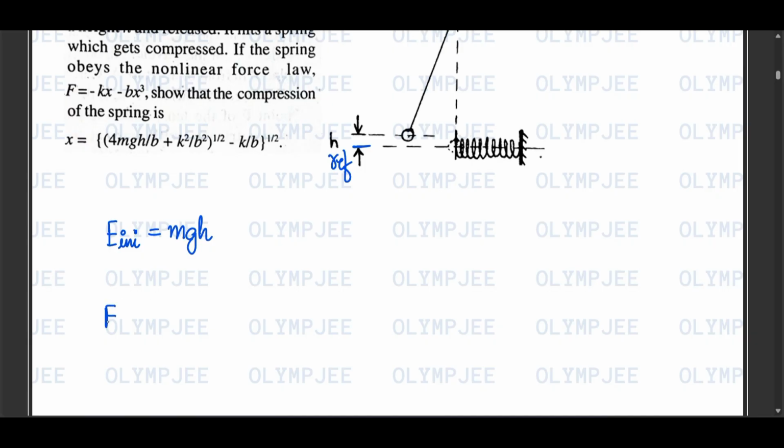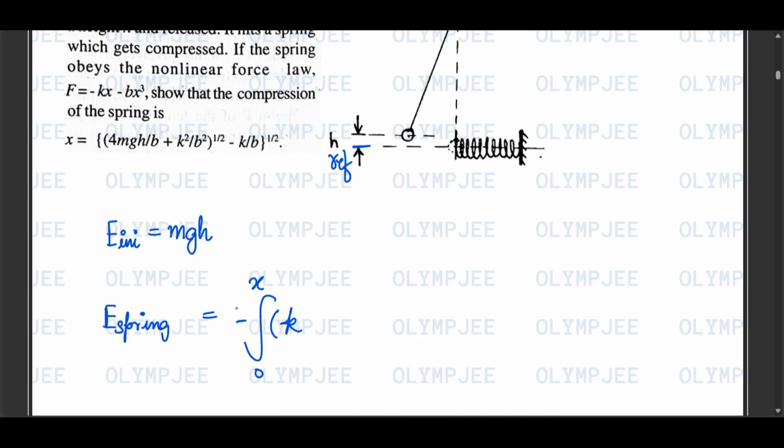So the energy stored by the spring can be given as, if we integrate this multiplied by dx, so force multiplied by the small displacement over the entire displacement, since this is not constant with x, so we need to integrate it. So from 0 to x, and there would be a minus sign also, because the potential energy is getting stored in this, right?